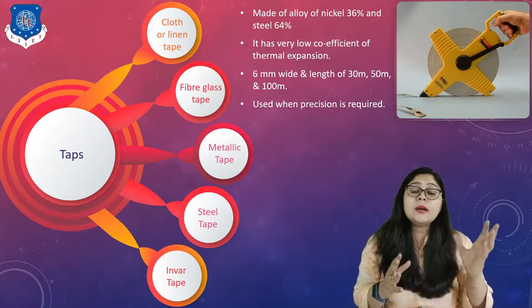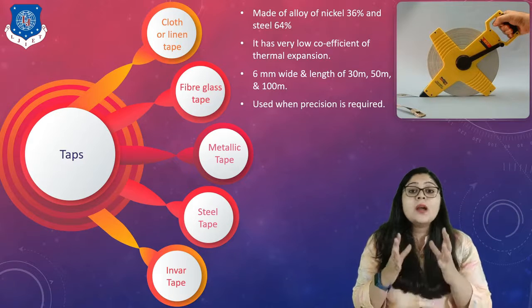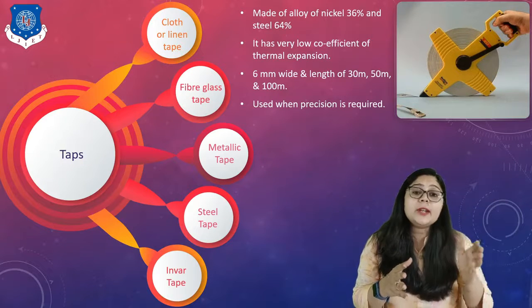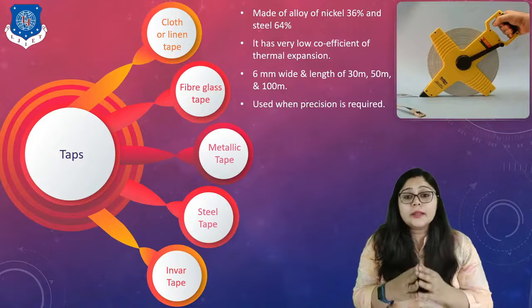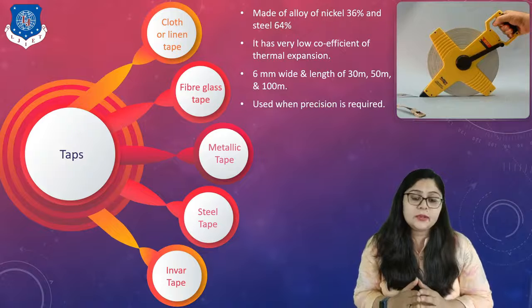It means the effect of temperature is removed. So it is available in 30 meter, 50 meter and 100 meter lengths with 6 mm width. Again, it is used when high precision is required, right?